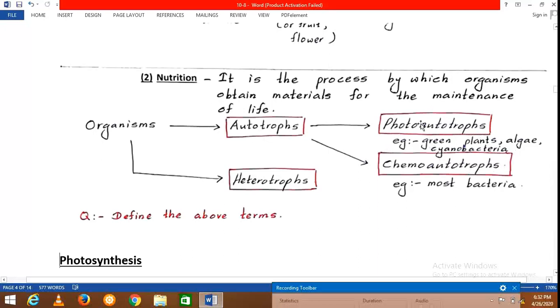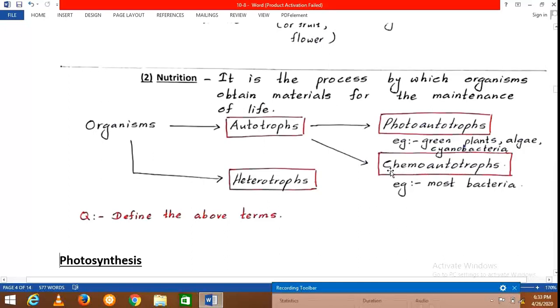Photoautotrophs are the organisms which make use of light energy in the process of producing food. Examples: green plants, algae, and cyanobacteria. Then chemoautotrophs.